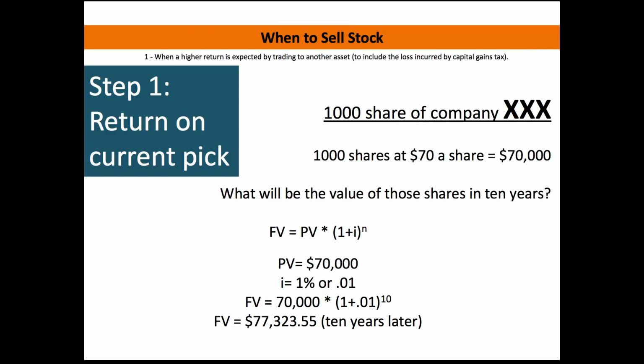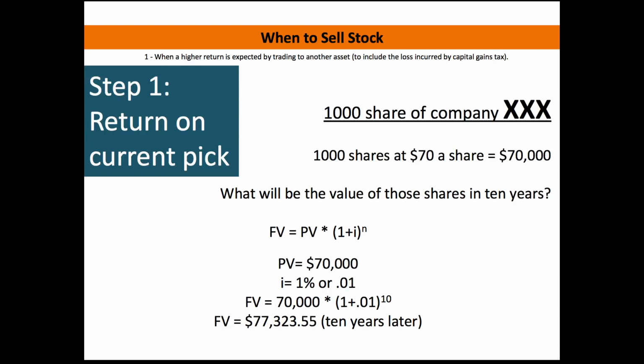In order to do that little problem, we're just going to use our future value of money formula, where FV is the future value, and that's equal to our present value times 1 plus i, which is our interest rate, raised to the number of years. In this scenario, our present value is $70,000.